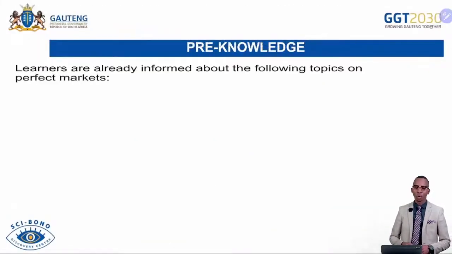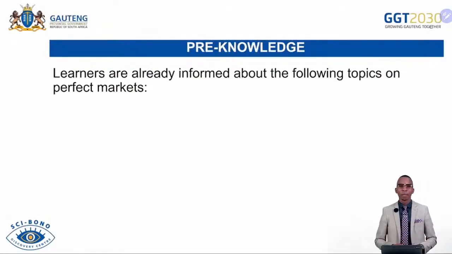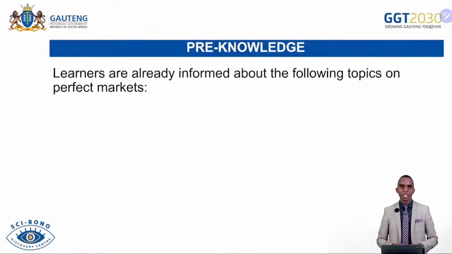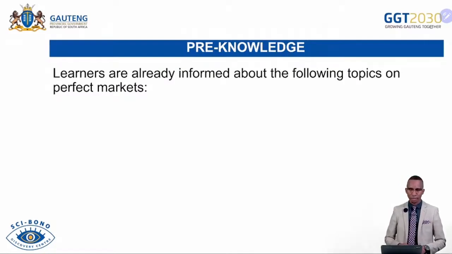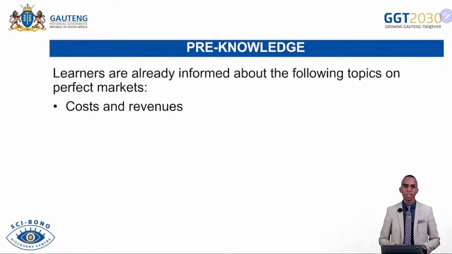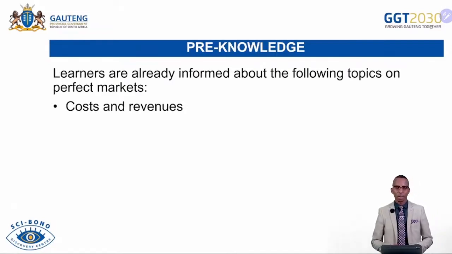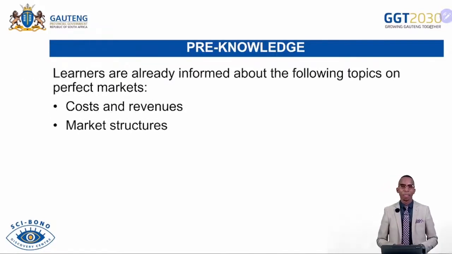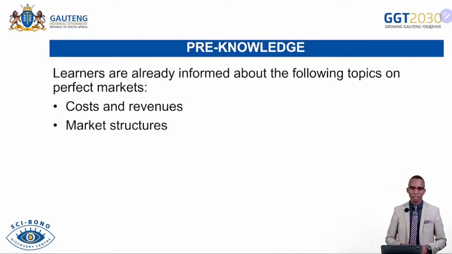It is believed that you already know the following as for the perfect market, since we have been doing it. Even last year in grade 11, we covered the part of the perfect market. You know costs and revenues that are used to determine profits and losses. You know the market structure for the perfect market.